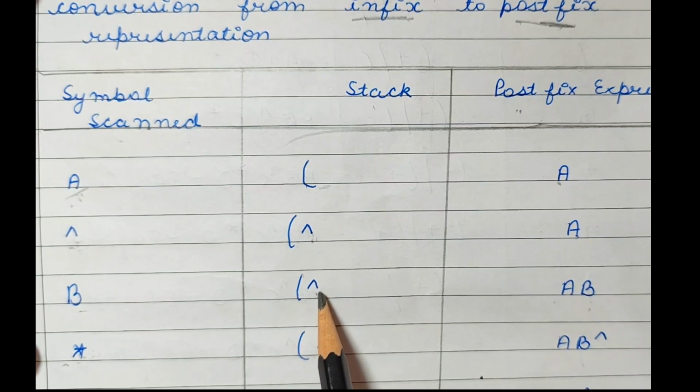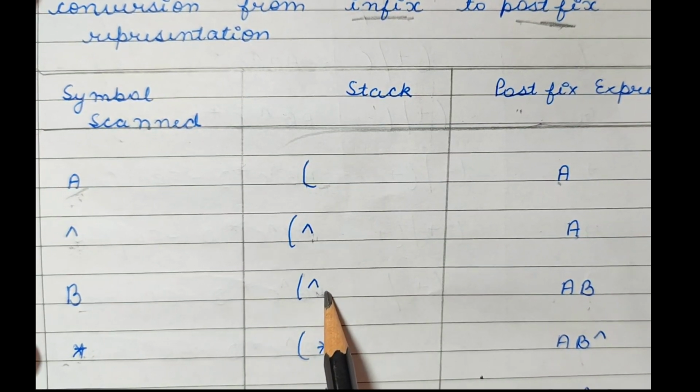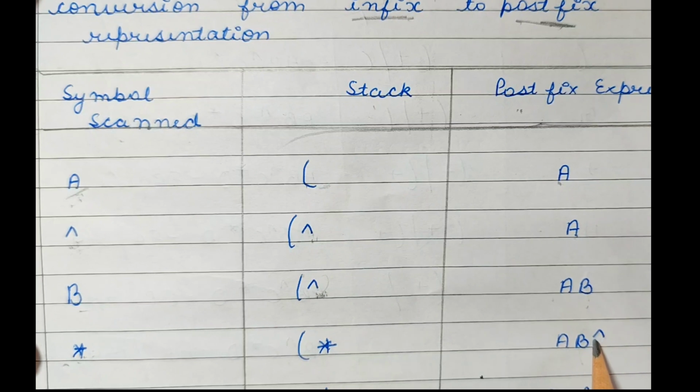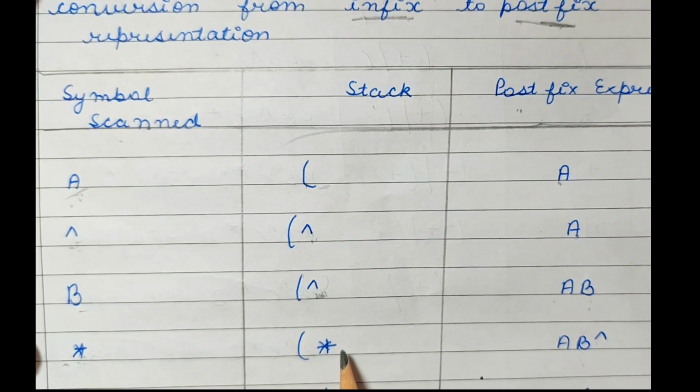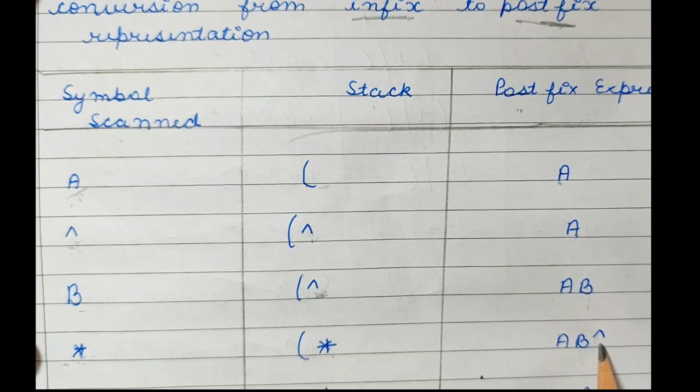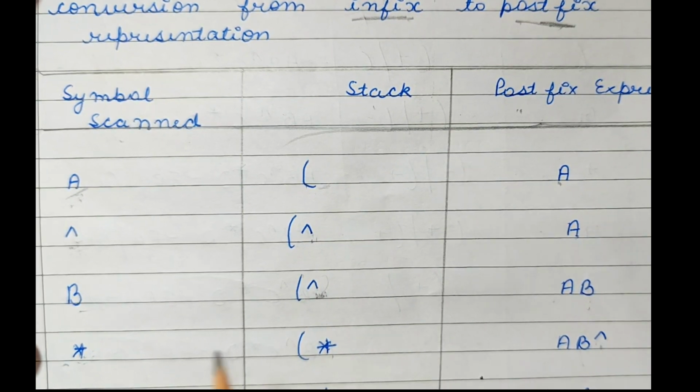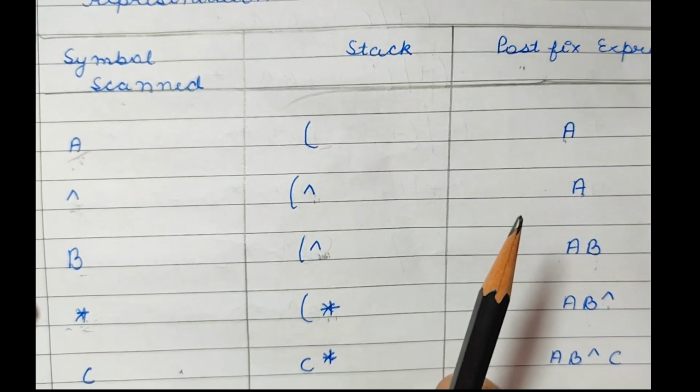Exponential operator is already in the stack. Now if this operator has same or higher priority, then pop this exponential from the stack and push this star in the stack. So I pop this exponential and include it in the postfix expression, and I push this star operator inside the stack. That is rule number 2.